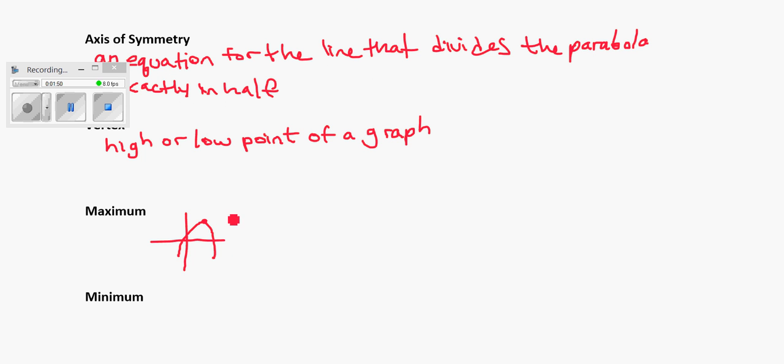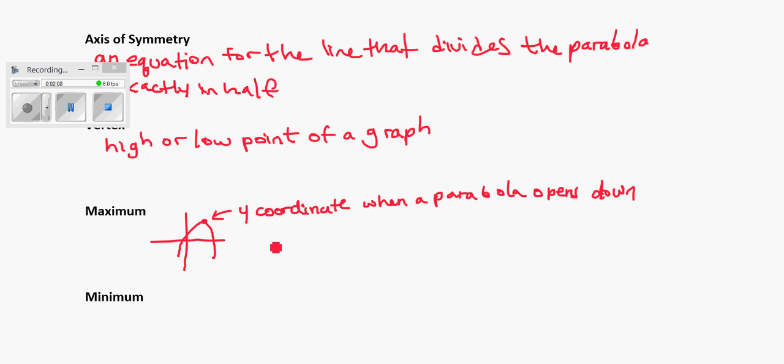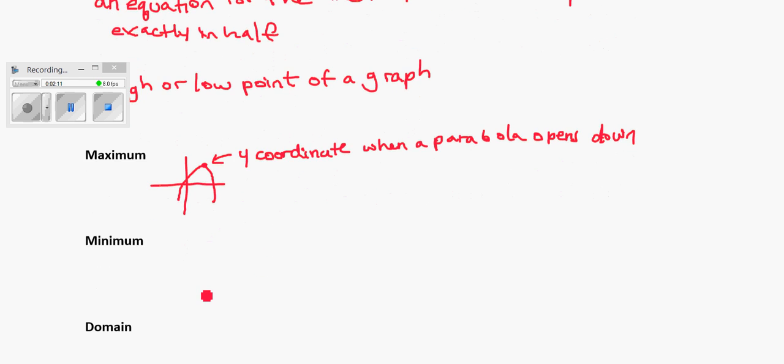So the maximum, we're going to say, is the y-coordinate when a parabola opens down. You could also be asked for the x-coordinate for a maximum. And a minimum is right there. So the minimum is when a parabola opens up.